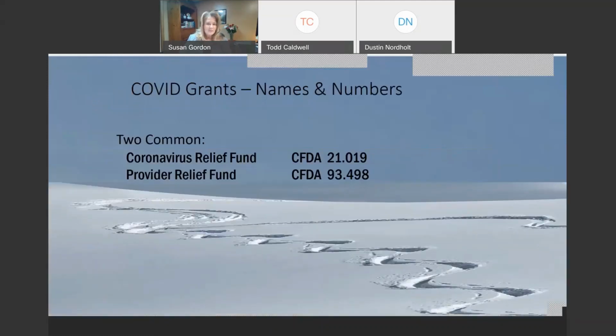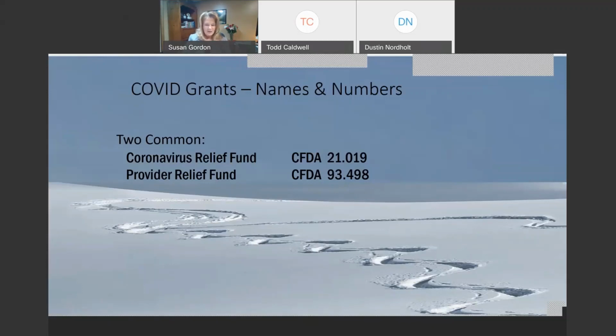The most common we have is the Coronavirus Relief Fund. That's the money that's coming through IFA. So there's that CFDA number for you. And then the Provider Relief Fund, that's that Medical Provider Relief Fund advance grant from HHS. And that's the CFDA 93.498.